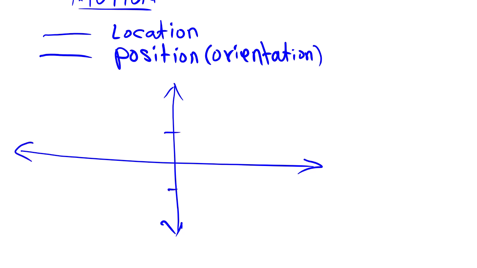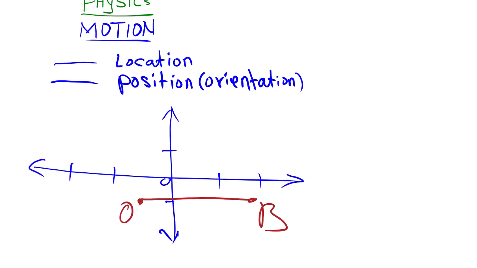If you have something like this and this is 0, and an object moved from this point to this point, you can say this object has changed its location from this point to this point. This change of location, this movement, is termed motion.